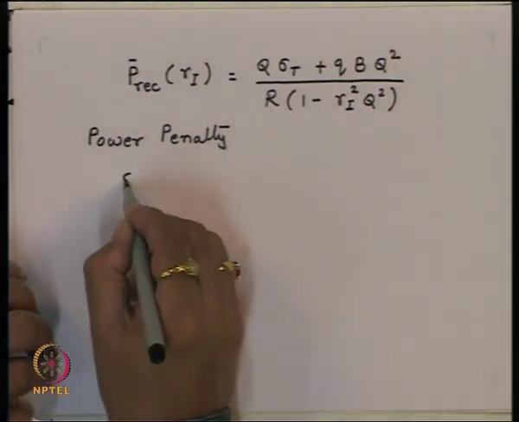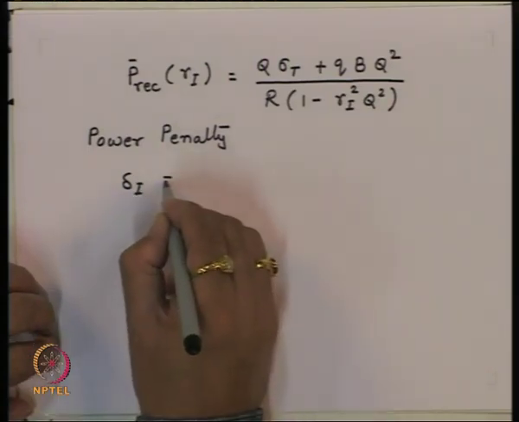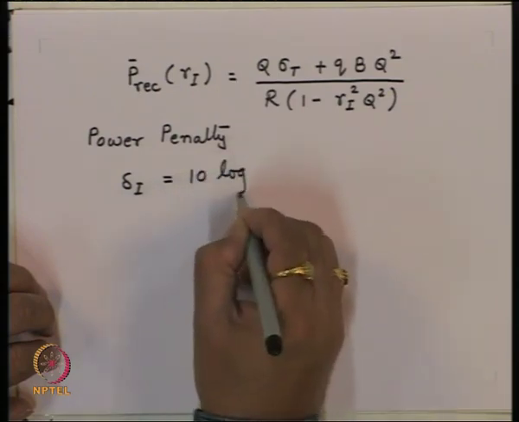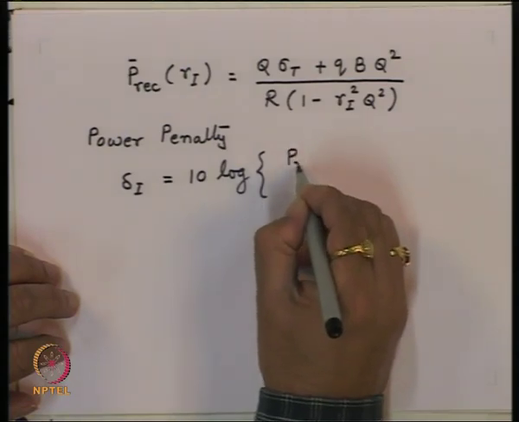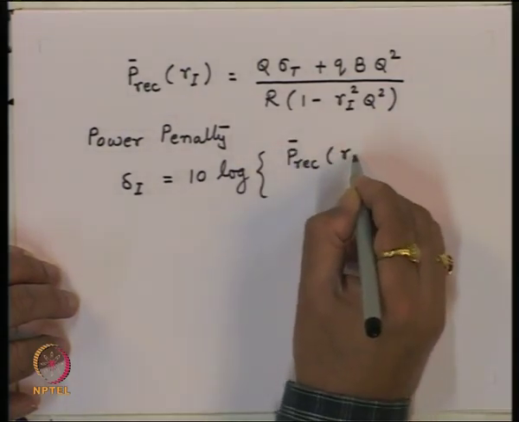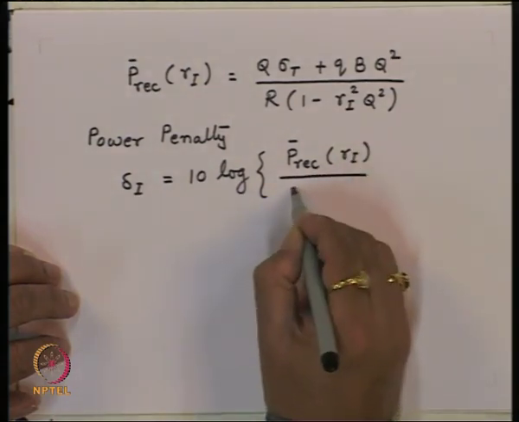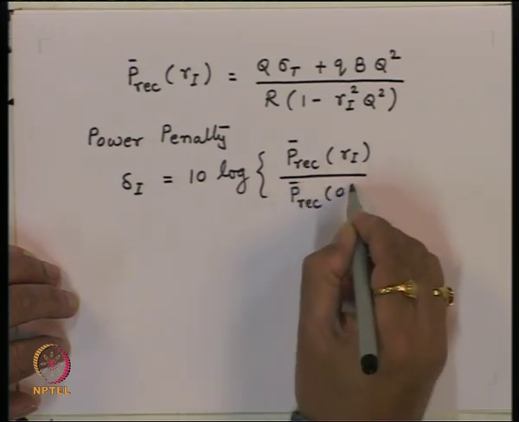Let us call it delta I, that is equal to 10 log of P REC bar for Ri divided by P REC for Ri equal to 0.